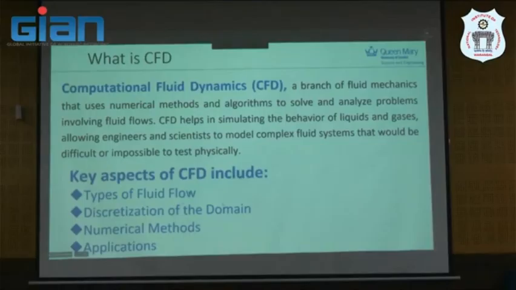Also, in CFD, the fluid domain is divided into small control volumes. We call them cells or mesh. And the governing equation of fluid dynamics, such as the Navier-Stokes equation, will be the main governing equation of fluid dynamics.